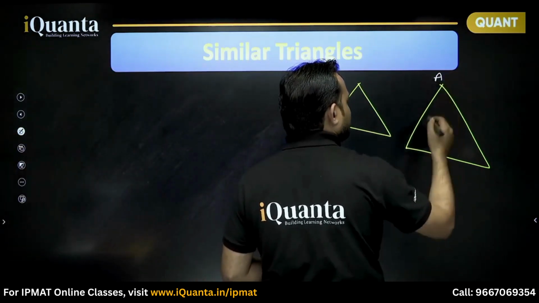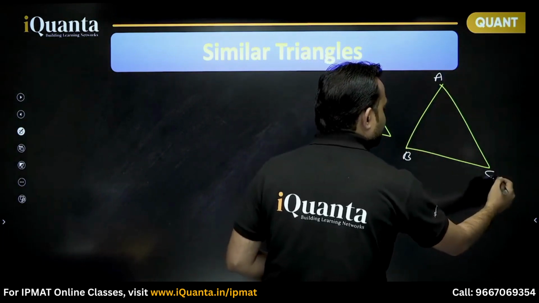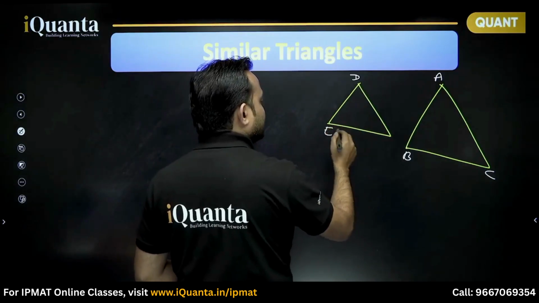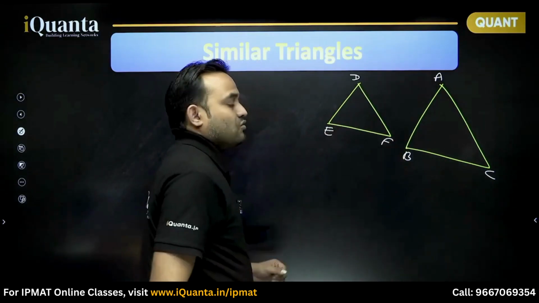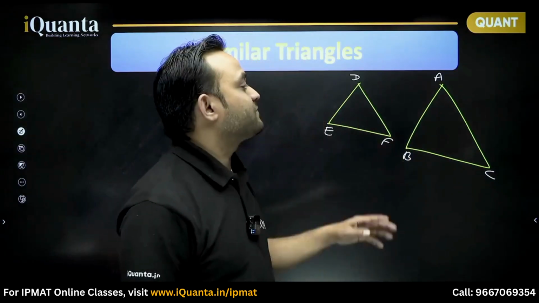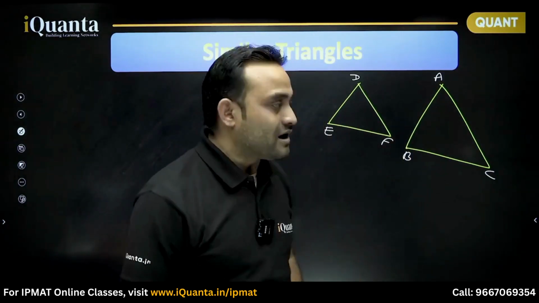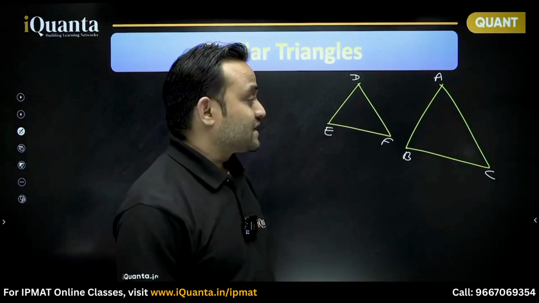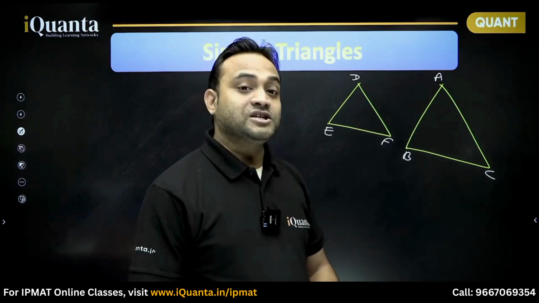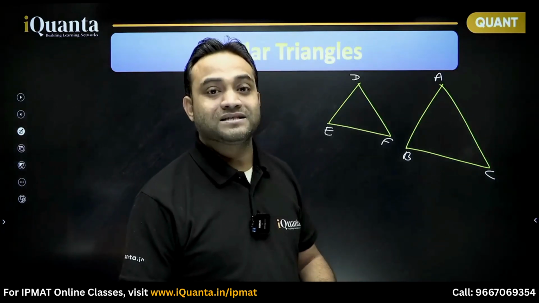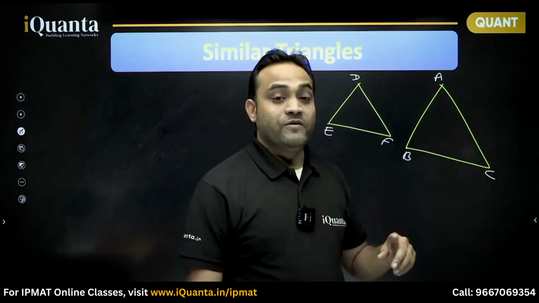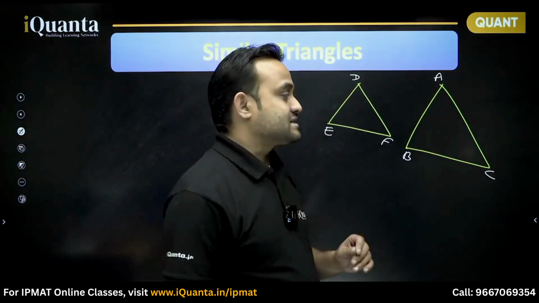Let's say this is triangle A, B, and C. This is triangle D, E, and F. Both of these triangles have different side lengths, different perimeter, different areas, but ultimately the formation of these two triangles is the same. The ratio of their side lengths is the same. The angles are the same.